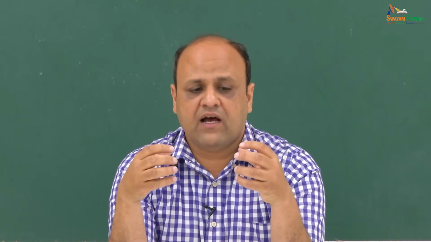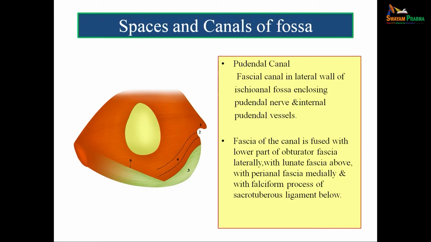If you comprehend that my two hands are representing the ischioanal fossa of both sides with the anal canal in between, then in the lateral wall of the ischioanal fossa lies the pudendal canal. So what is the pudendal canal? The pudendal canal is a fascial canal in the lateral wall of the ischioanal fossa, enclosing the pudendal nerve and internal pudendal vessels.